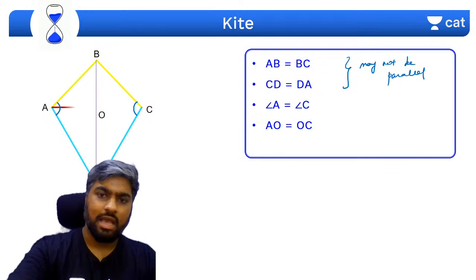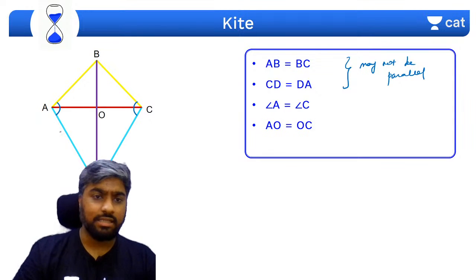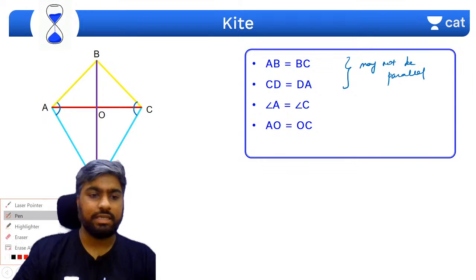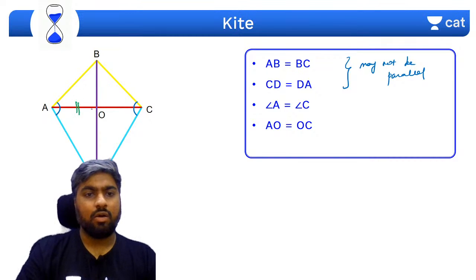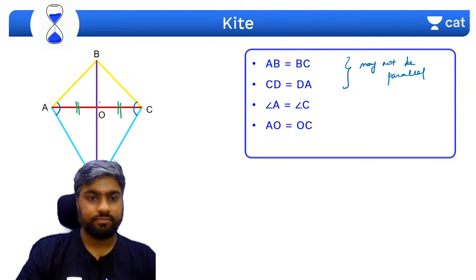And then what do you have? The diagonals here. The longer diagonal BD will intersect AC, and will not just intersect but will also bisect it. See here, AO will be equal to OC, BO and OD not equal.